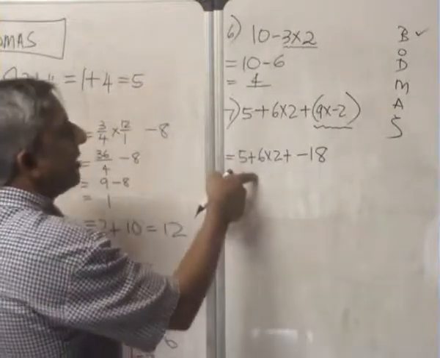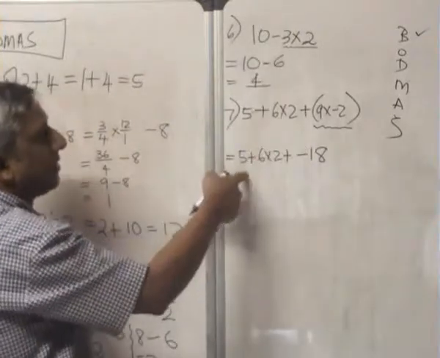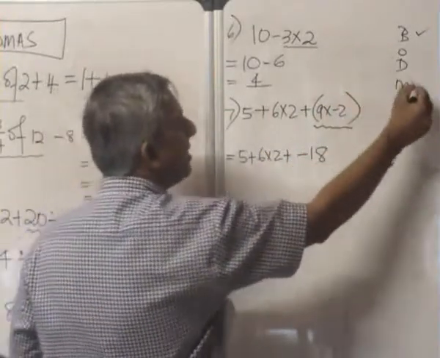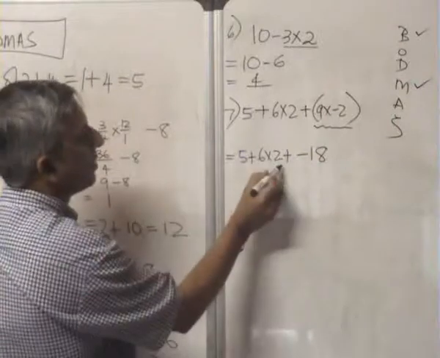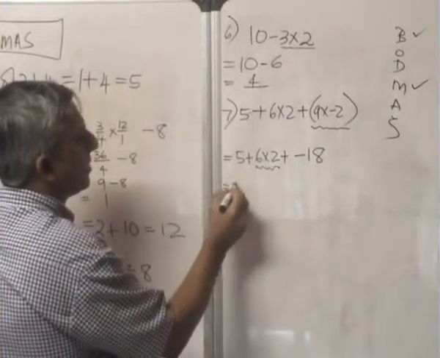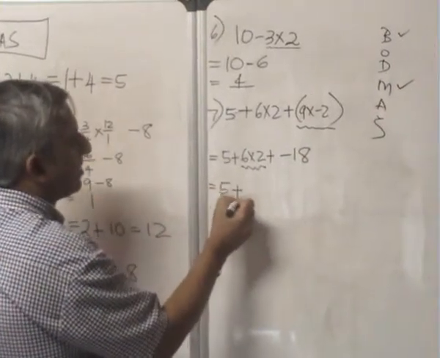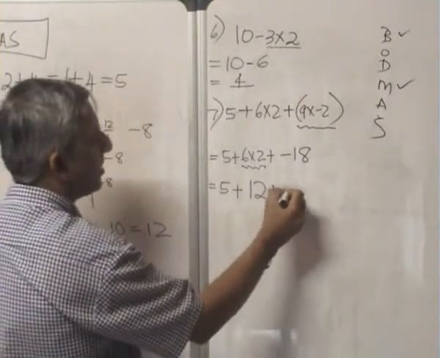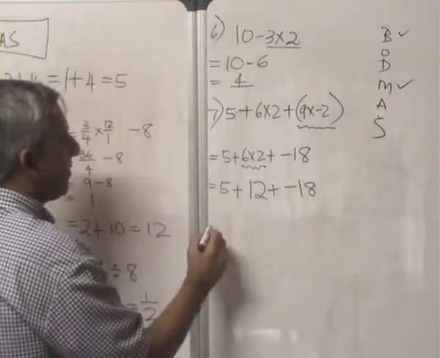Then I look at it again and apply the rule of BODMAS again. There's no of, there is no division, but there is a multiplication. So I'm going to do the multiplication now. So there's your 5 plus 6 times 2, 12 plus minus 18.